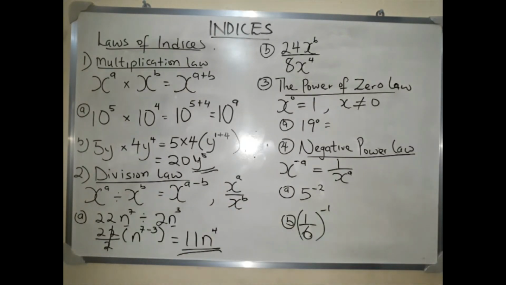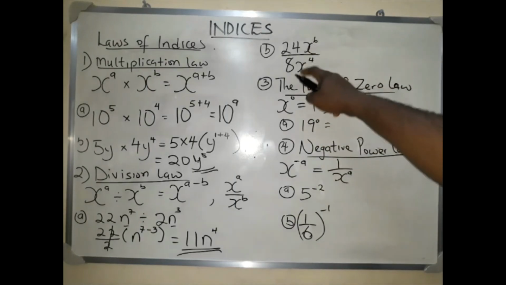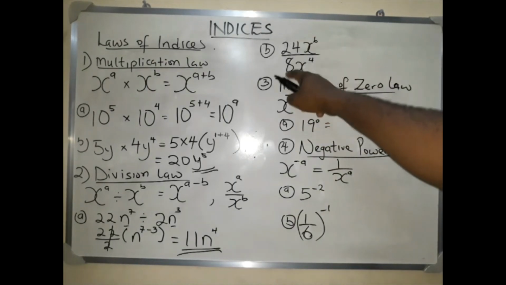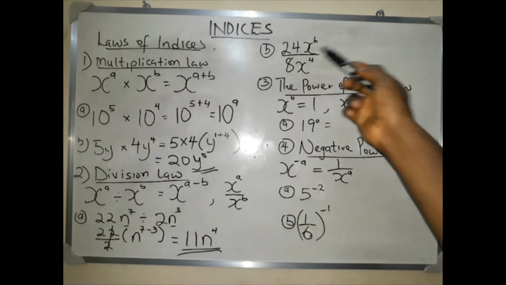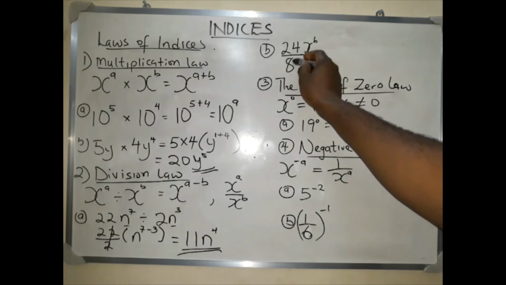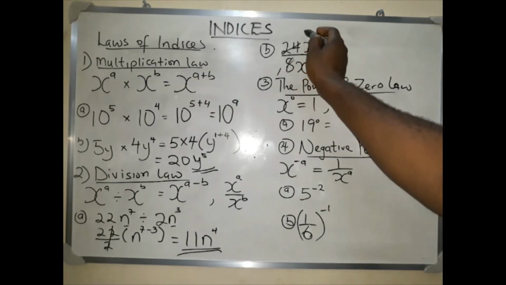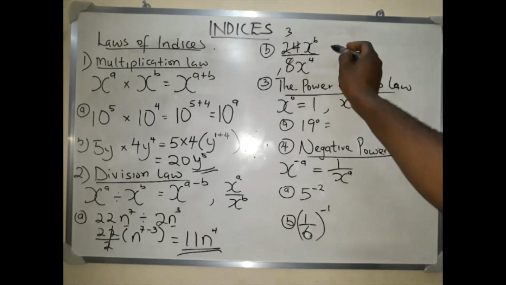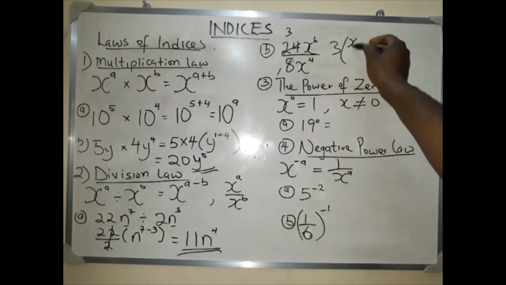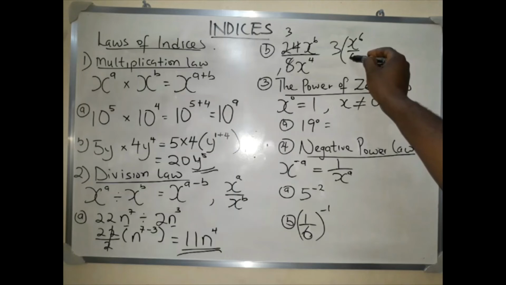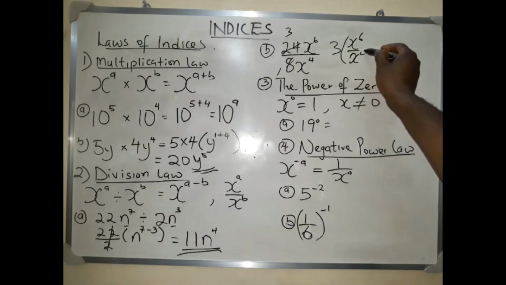You identify the terms that have the similar base, and you can see that it's x and x. They have similar bases. But 24 and 8, they are not similar. So you divide them normally. Just by looking at them, you can see that 8 divides 24, 3 times. So you will now be left with 3x raised to the power 6 all over x raised to the power 4.